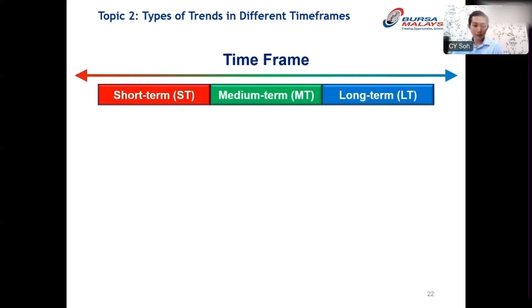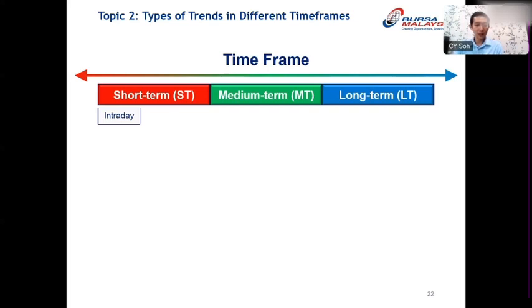And most importantly, when it comes to time frame, it's very subjective. Majority of you are using a short-term time frame, right? Sometimes a short-term time frame for another trader can be considered medium term. So let's have a look at what a short-term time frame consists of.